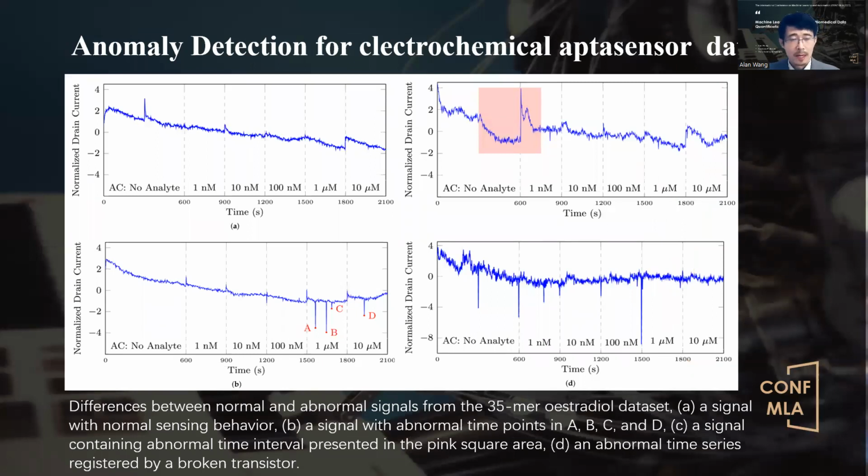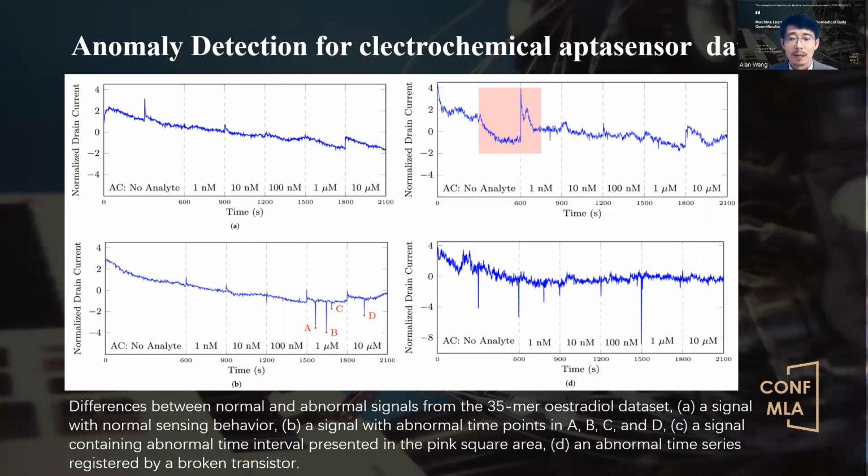Regarding biosensor data analysis, I want to briefly share with you two applications. One is anomaly detection for electrochemical sensor data analysis. As shown in this figure, you can see that there are some differences between the normal and abnormal signals.